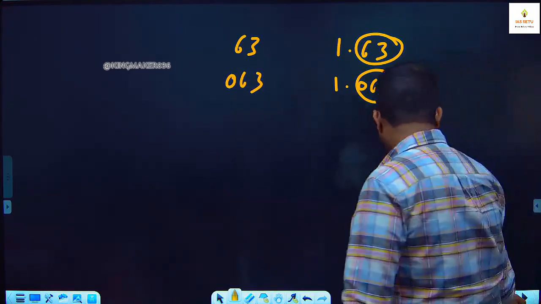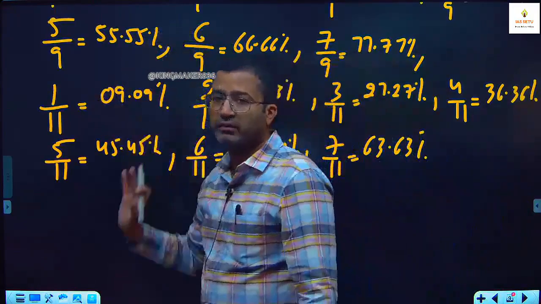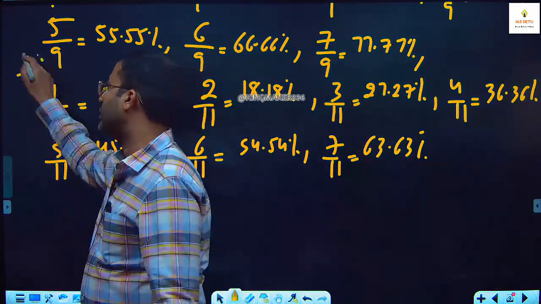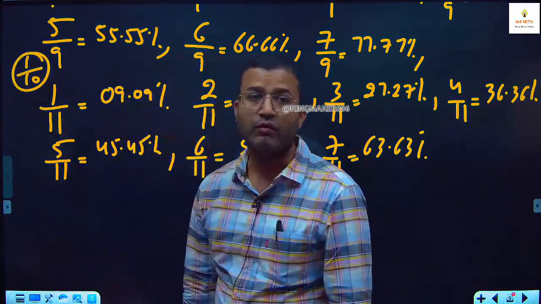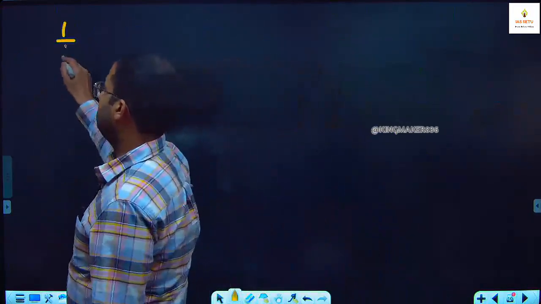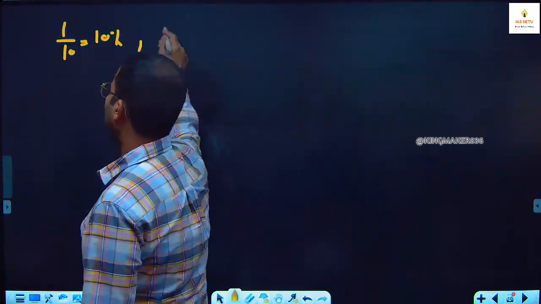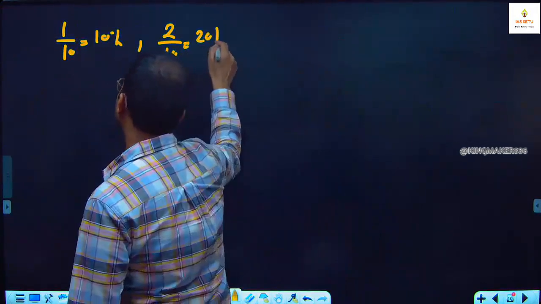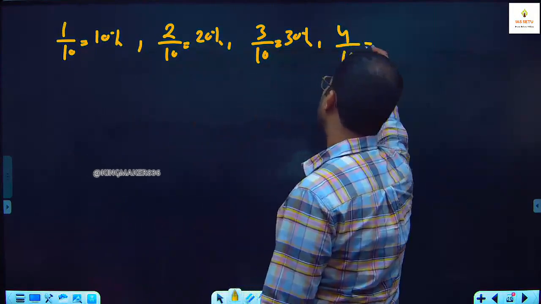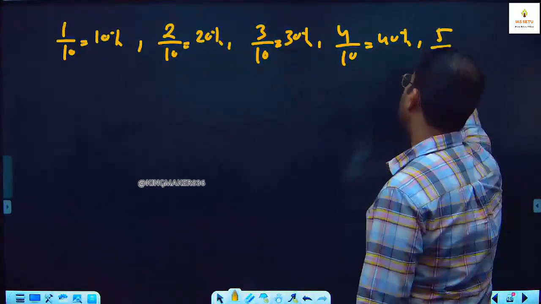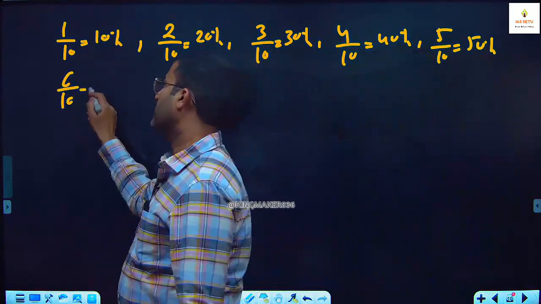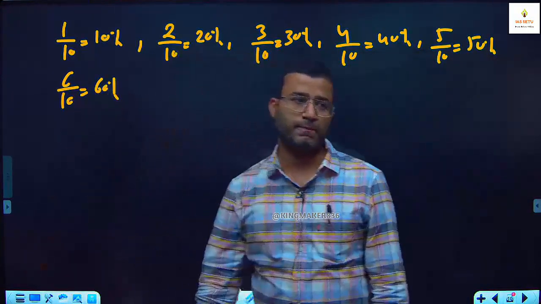Now here come to, this is 1 by 9, 1 by 11. Okay. आई लेफ्ट वन वैल्यू 1/10, एक बीच में रेसिप्रोकल छोड़ा है मैंने 1/10. What is 1/10? 10%. 2/10 20%, 3/10 30%, 4/10 40%, 5/10 50%, 6/10 60%, and so on.